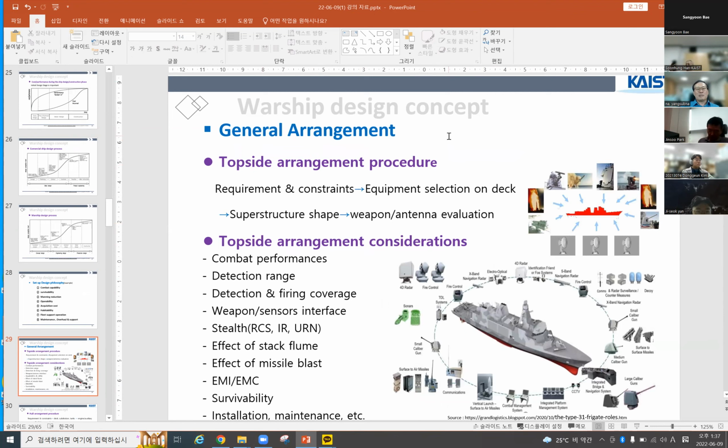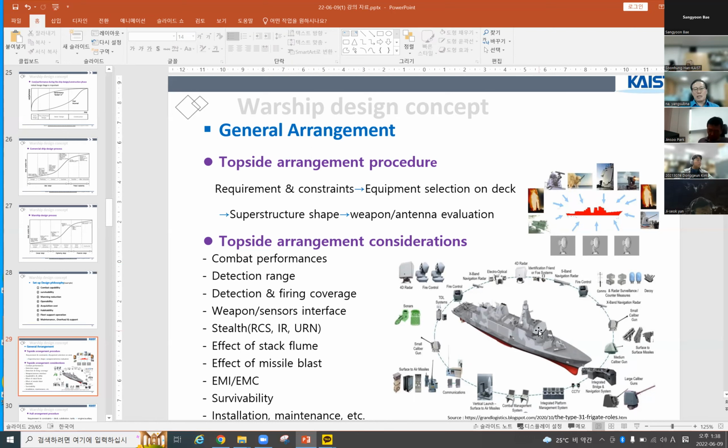For example, the general arrangement, topside arrangement procedure. The topside arrangement is very, very complicated and important, because many sensors and weapons are arranged to optimize and maximize their functions. The topside arrangement considerations include combat performance, what sensors or weapons are arranged optimally, and the sensors' detection range.